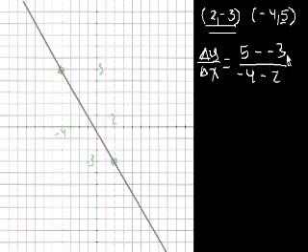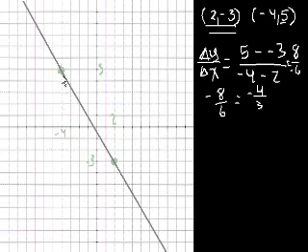Well, 5 minus negative 3 equals 8, and negative 4 minus 2 equals negative 6. And 8 over negative 6, if they're both divisible by 2, equals minus 4 over 3.